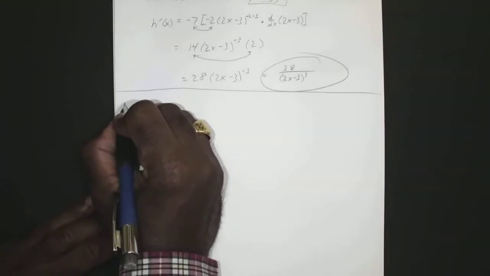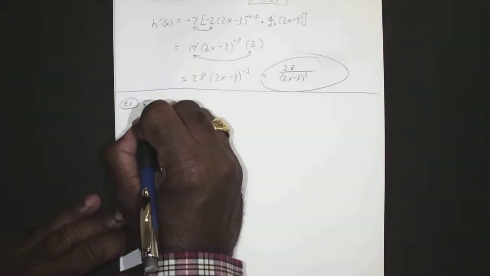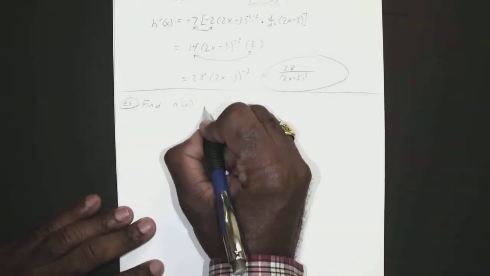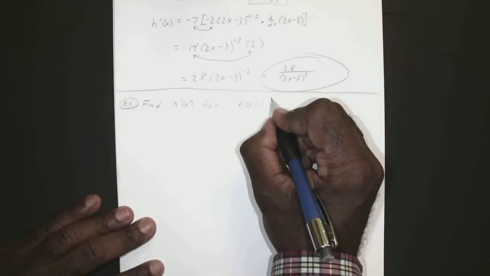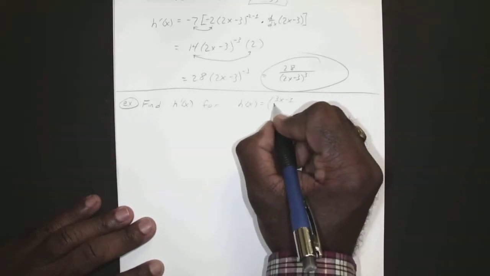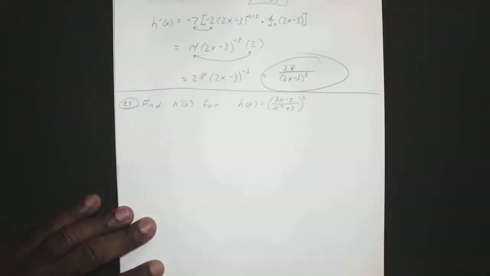Okay, so let's say, for example, what if we wanted to find h prime of x for h of x equals ((3x minus 1) over (x squared plus 3)) squared.